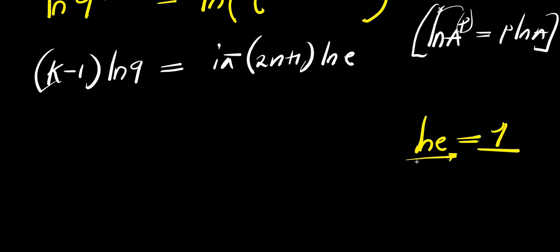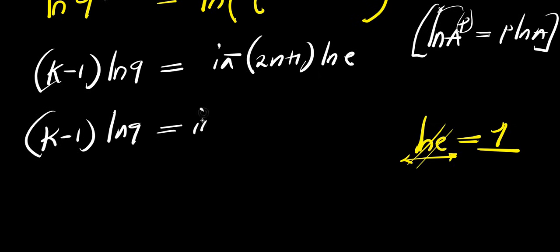Natural log of e is 1 because this cancels this. So that means we are going to be left with k minus 1 times natural log of 9 equals I times pi times 2n plus 1.